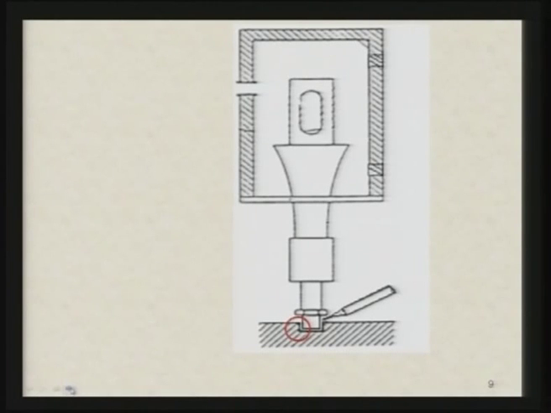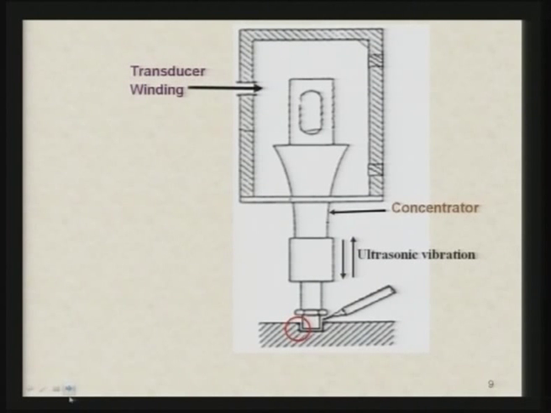As you can see in the schematic diagram, here is the transducer winding, and there is a concentrator over here, vibrating at ultrasonic frequency, and here is the nozzle which is supplying the abrasive slurry, and here is the workpiece.